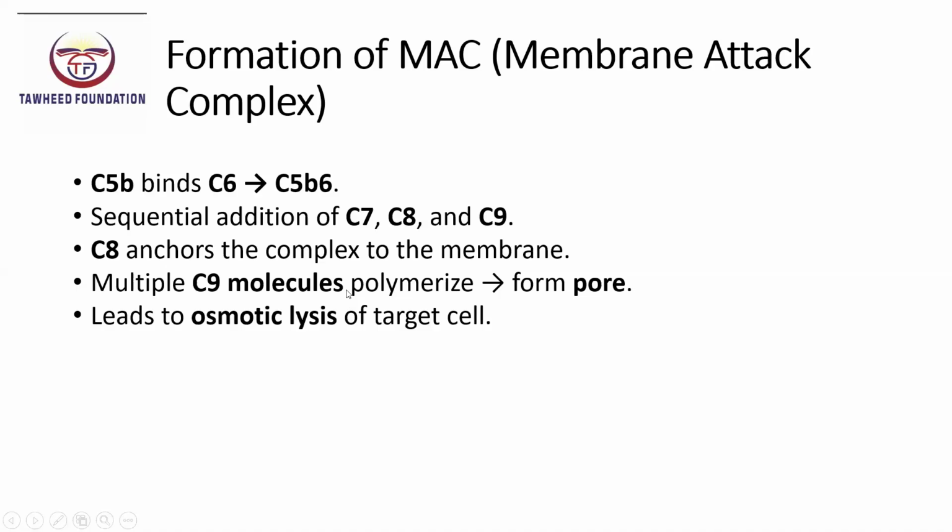This pore disrupts the integrity of the target cell membrane, leading to the loss of osmotic balance, inflow of water, and ultimately cell lysis. This process is crucial for killing bacteria, especially gram-negative organisms, and infected or abnormal host cells such as tumor or virus-infected cells.